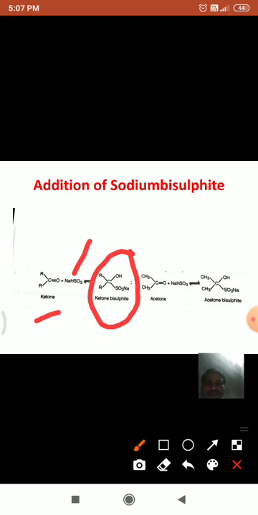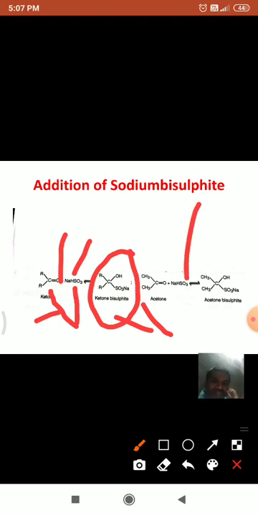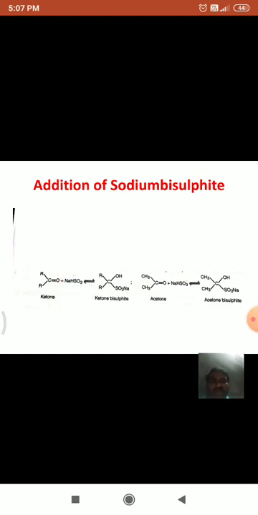See here, again the same SO3Na group is attached here, and to the oxygen, hydrogen is attached. Simple. That means to guess the product is very simple. For example, acetone, if it is treated with sodium bisulfite, again forms acetone bisulfite as the product. That is, the corresponding bisulfite is formed. This is about the reactions of sodium bisulfite addition to aldehydes and ketones.